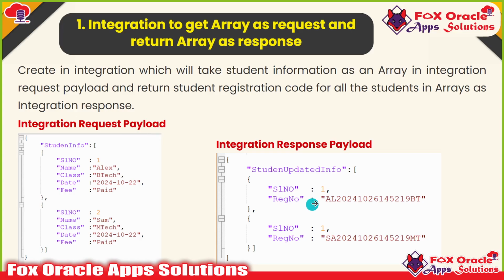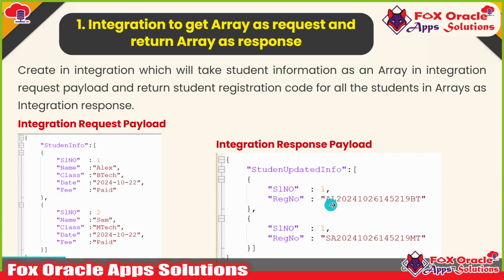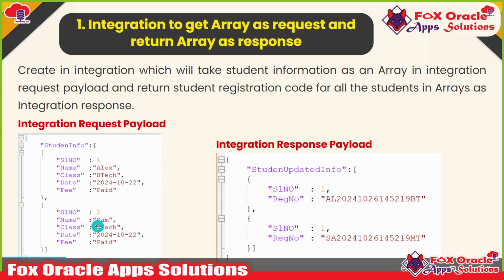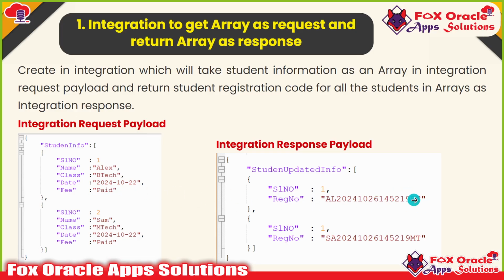If you see the code, the logic behind generating this registration number is, you can see, the first two characters are the first two characters of the name of a student. AL is from Alex, and you can see SA for Sam here. The last two characters are the first two characters of the class.